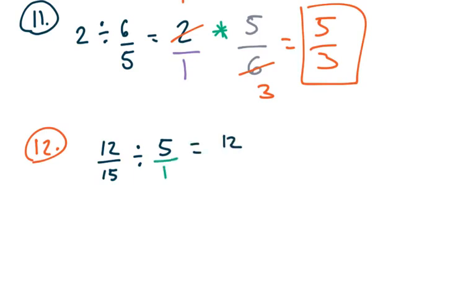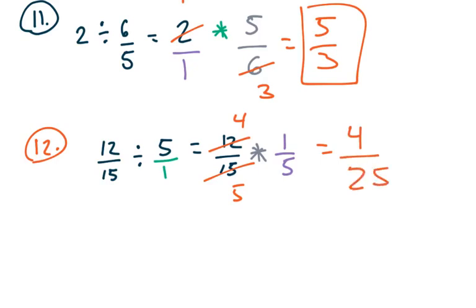So we're going to keep, we're going to change, and we're going to flip. And once more, you may try to do something with 15 and 5, but you can't because they're on the same level. But we can say both 12 and 15 are divisible by 3, so 4 over 5. So here we're left with 4 times 1 is 4, 5 times 5 is 25, and it's 4 over 25. And there's our answer.